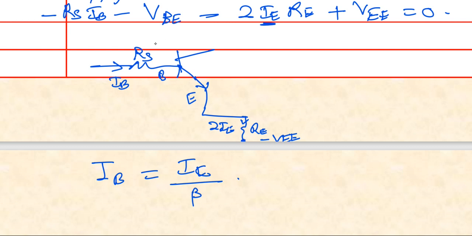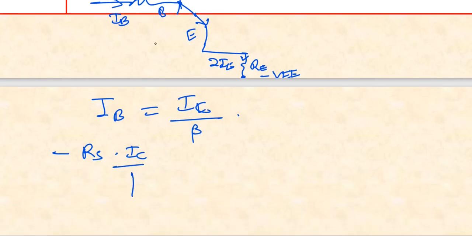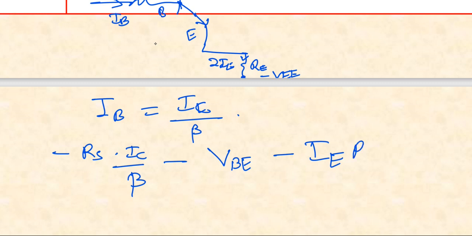So substitute this equation: minus RS into IC upon beta, minus VBE, minus 2 times IE into RE, plus VEE equal to 0.